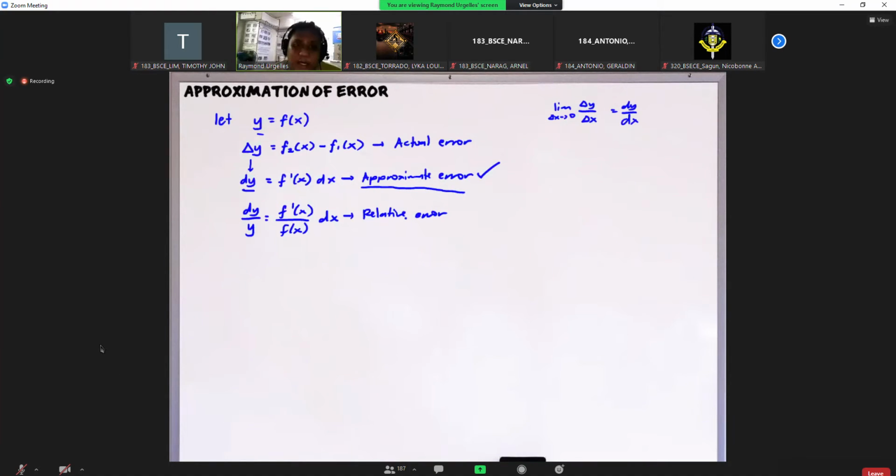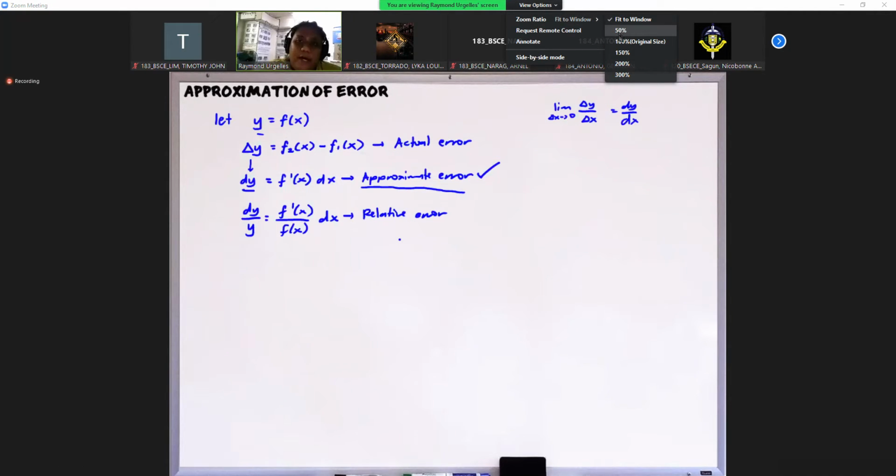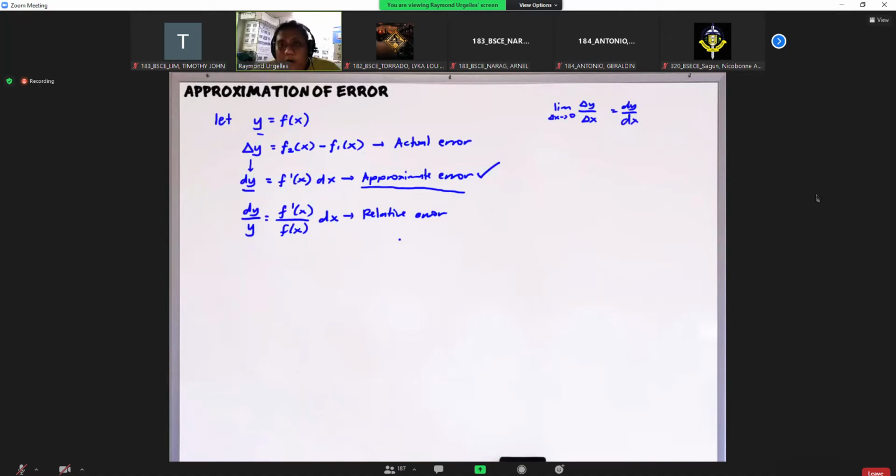Possible na relative error yung kailangan nyo i-solve sa problem. Yung percent error na tinatawag is the same as the relative error, naka-percent form lang siya. Para makuha mo yung percent form, yung decimal, i-multiply mo lang ng 100. Any questions dito?